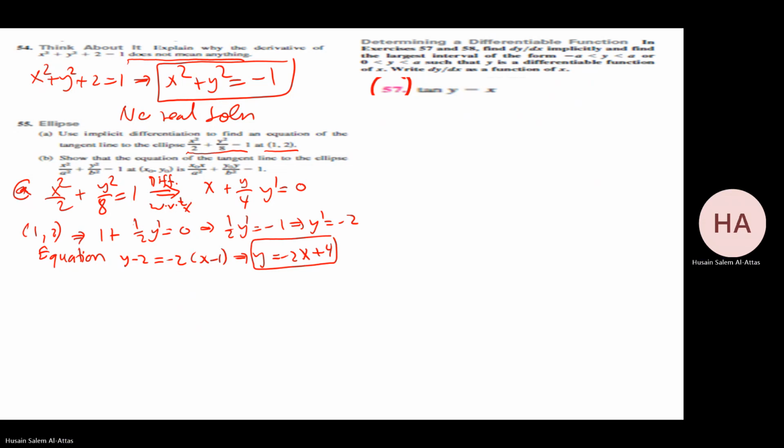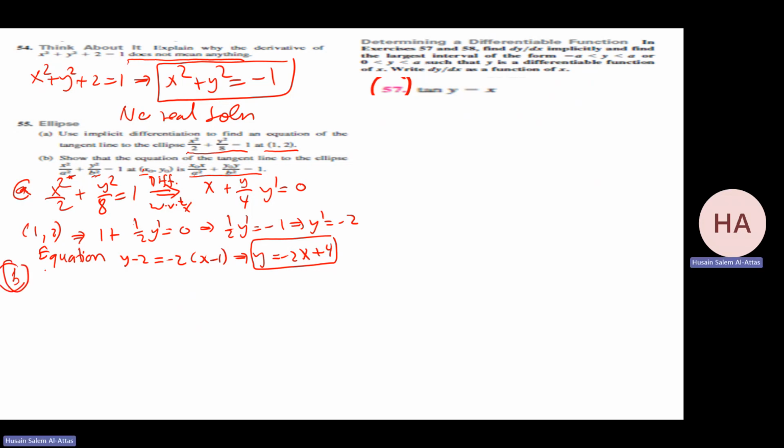Okay. Now we want to do the same thing, but he put values a and b, so that the equation of the tangent line to the ellipse is this equation at the point x0, y0. He does not give me values, he gives me constants a, b, x0, y0. So he wants me to do it in general. Okay.